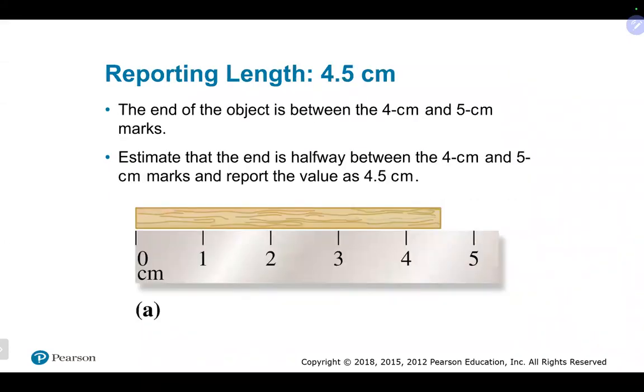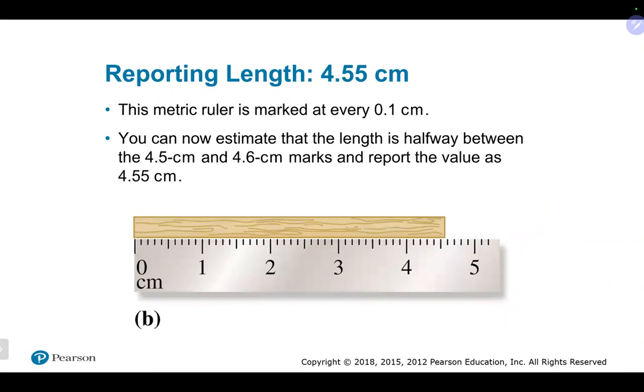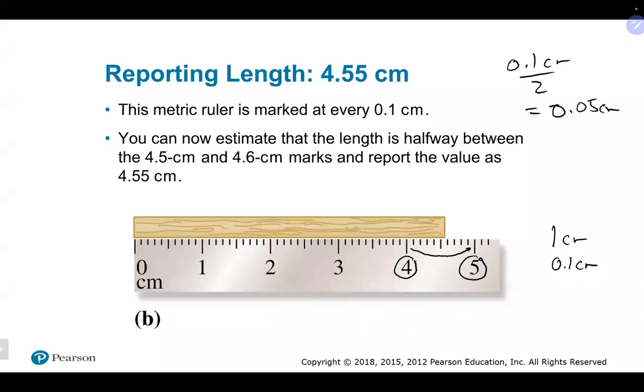All right, so that is exactly what they agree. So that's good. Now, when we look at this one here, once again, if we look at this scale, we've got 4 and 5. So the difference here is our 1 centimeter. Again, if we count up all the little markings, there are 10 markings, which is our same 0.1 centimeter. So once again, if we took our 0.1 centimeter and divided by 2, that tells us plus or minus 0.05 centimeters, which basically means we could go to the second decimal place.